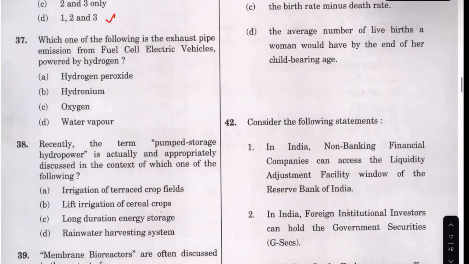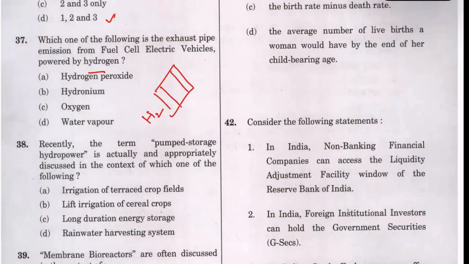Now this is again an electric fuel cell powered by hydrogen. The meaning of this is that here they will have this hydrogen, the cell will be here. What happens is that they will be passed into this, and there will be an electrolyte here. This electrolyte is the point of disintegration of H into H plus and an electron.